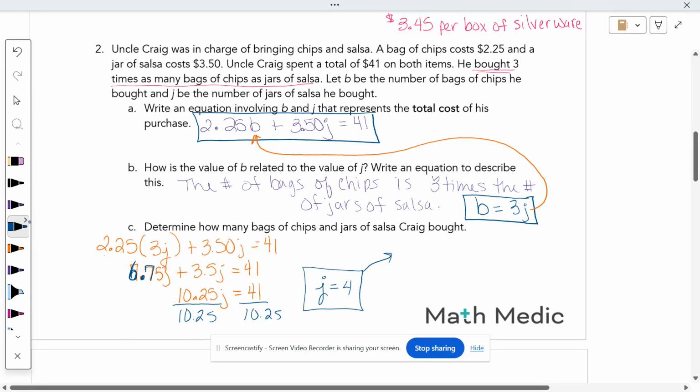So how many bags of chips did he buy? Well, B equals 3 times 4, which means B equals 12. So he bought 12 bags of chips and 4 jars of salsa.